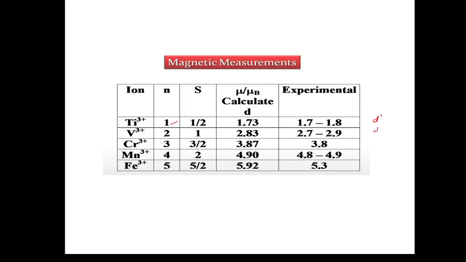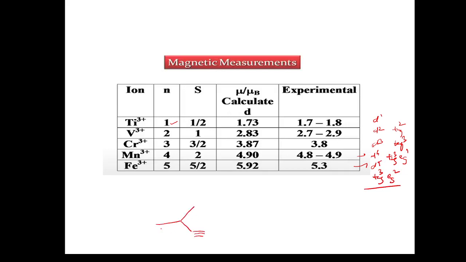Vanadium 3 plus is d2, with two unpaired electrons, t2g2. Chromium is d3, t2g3, with 3 unpaired electrons. Manganese 3 plus is d4, so it has t2g3 and eg1, with 4 unpaired electrons. Iron 3 plus is d5, t2g3 and eg2, so 5 unpaired electrons.